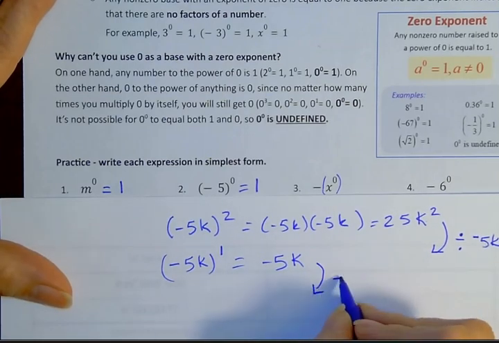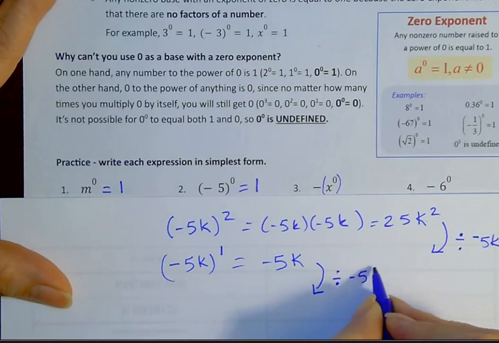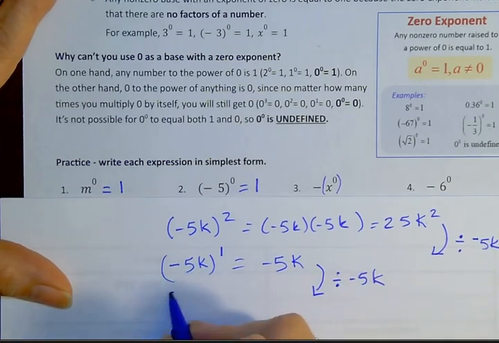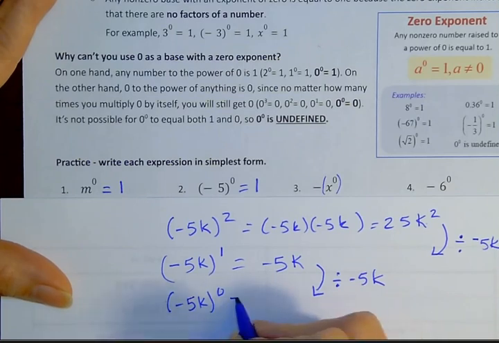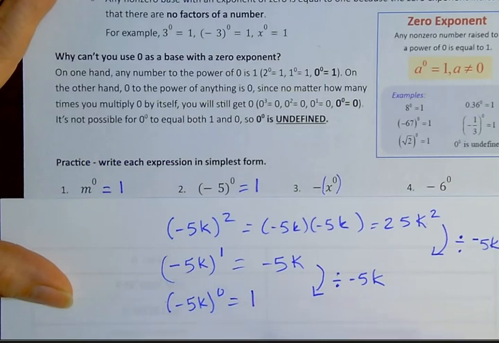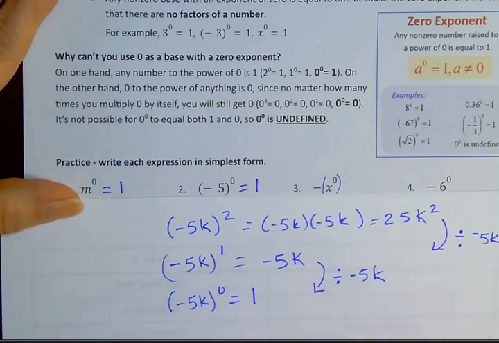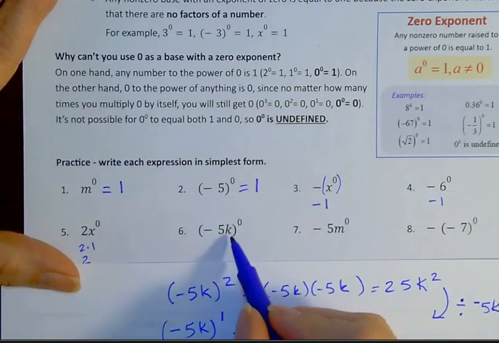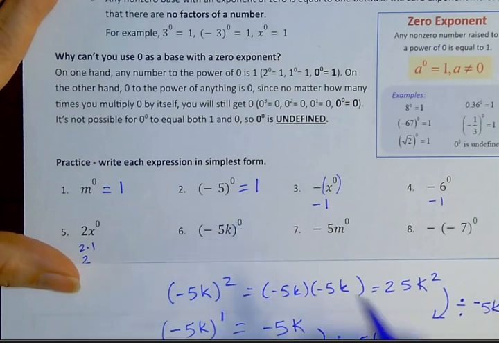I'm going to divide again by negative 5k because that is my base. So now when I have negative 5k all to the 0, negative 5k divided by negative 5k equals 1. Anything divided by itself is 1. So when we look here, negative 5k all in parentheses to the power of 0 equals 1.